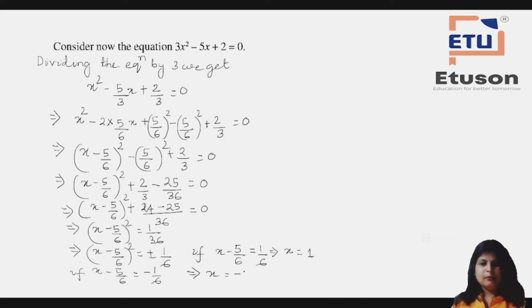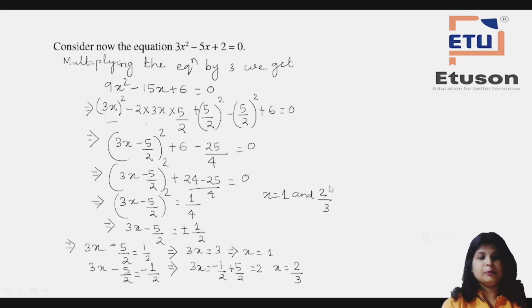It will be minus 1 plus 5 divided by 6, which is nothing but equal to 4 by 6, and that is equal to 2 by 3. So what are the roots of the equation by this method? It is 1 and 2 by 3. So what is the value you have got in the previous method?